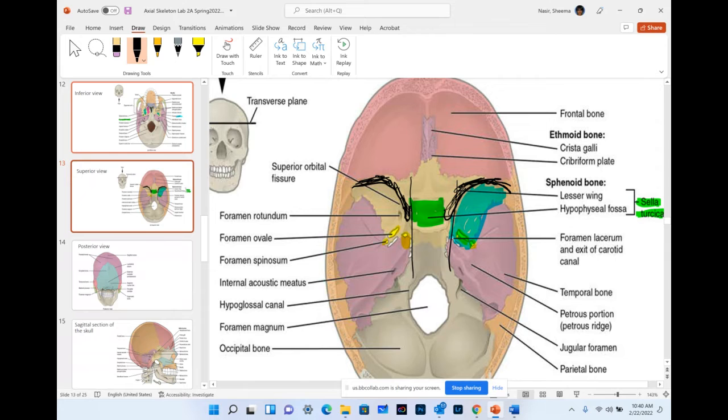This is the middle part. On either side, right next to the middle part, you see a very uneven edged hole right on each side of the middle part. That is foramen lacerum. This is your foramen lacerum. It is medial most. Do you understand?